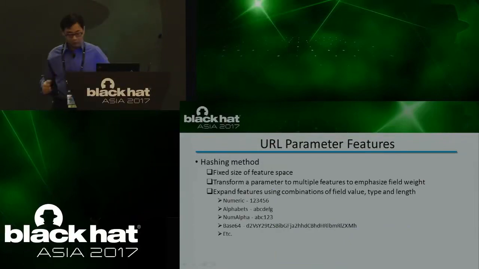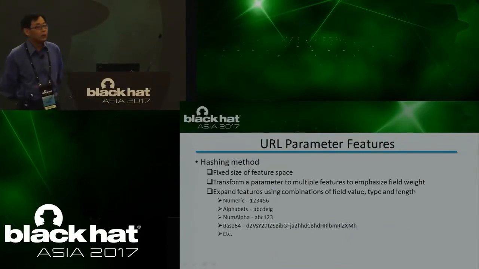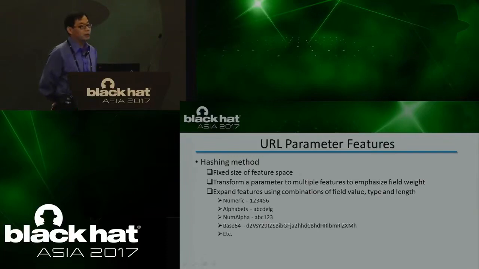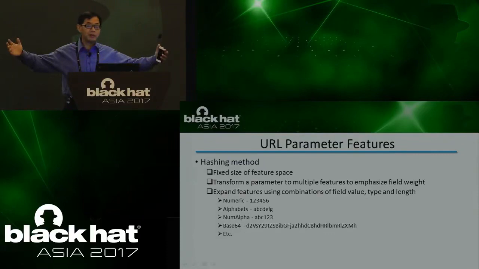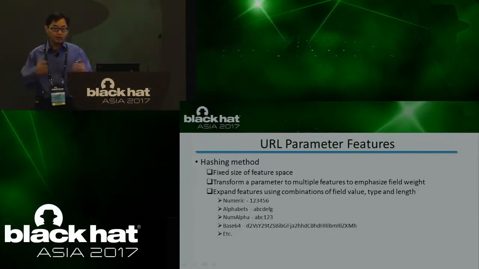Okay, the other method we use is the hashing method. So why do we use hashing? Because when we look at, say, one URL or its parameters, it normally doesn't have that many, probably tens or maybe 100. So when you convert this string to your billion-dimensional feature space, it's very sparse.